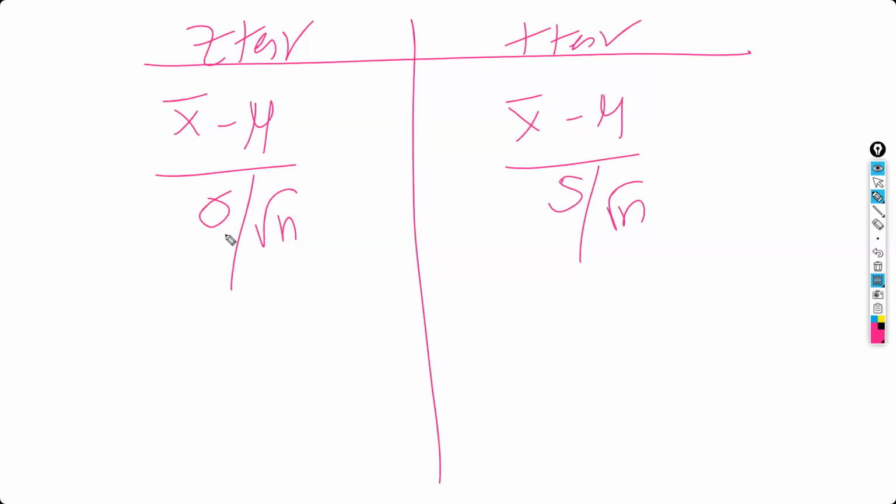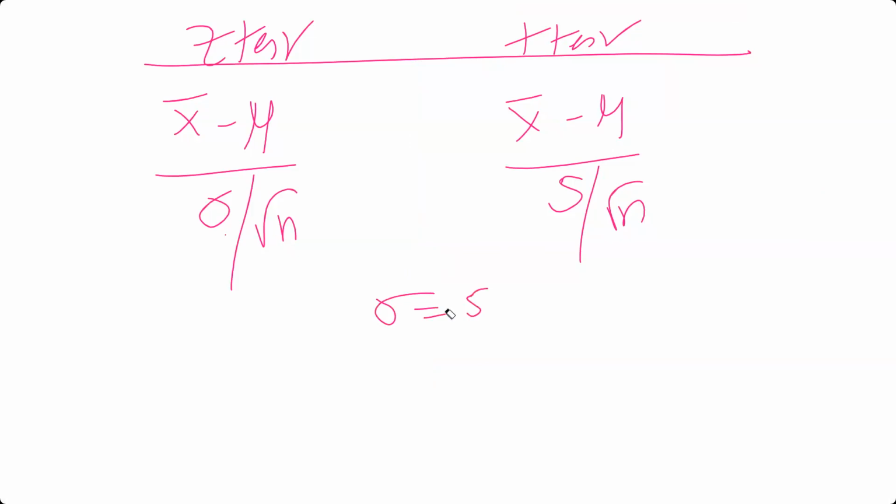Both values will be the same only when sigma, the population standard deviation, is equal to the sample standard deviation. Otherwise, both are different, and then your z-test and t-test are different.